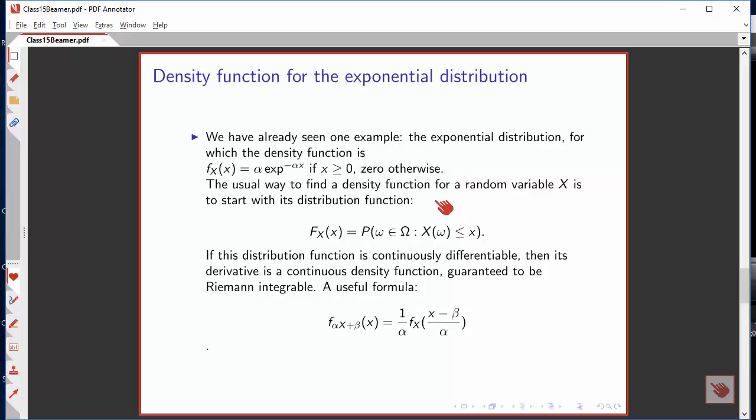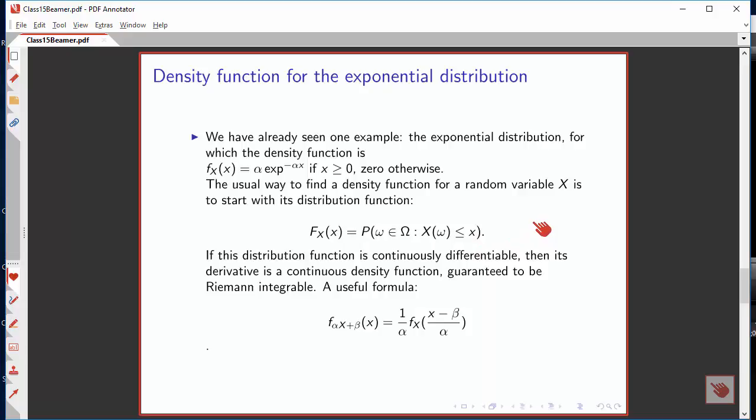The usual way of finding a density function is to start with the distribution function, which exists for any random variable. It is the probability of the event, the subspace of the sample space, for which the value of the random variable does not exceed x.